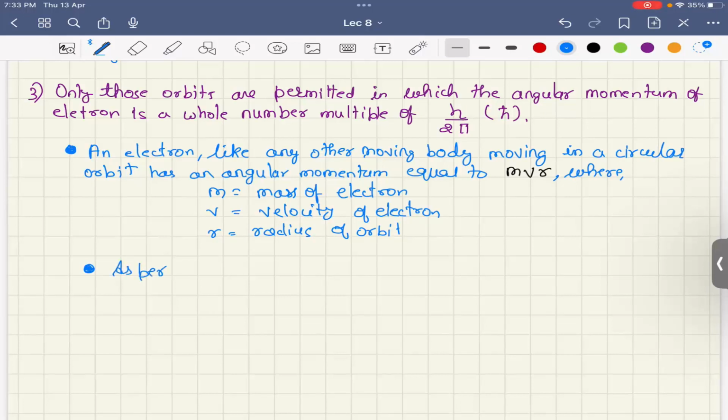As per this postulate, mvr has to be n times h by 2 pi, where n is a whole number.